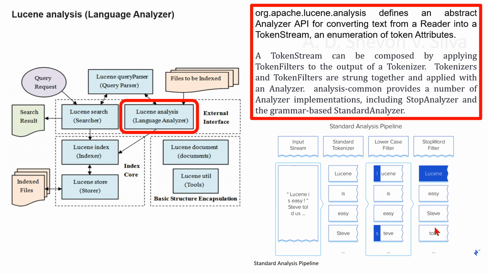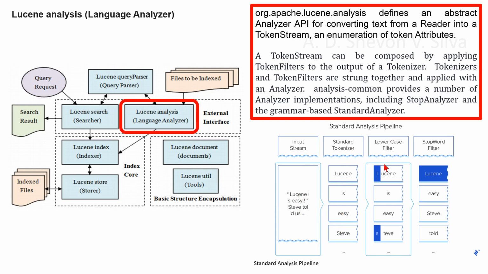Here you can see the input stream, standard tokenizer, lowercase filter, and stop word filter. Here: "Lucene is easy, Steve told us." Here the standard tokenizer gives Lucene, is, easy, Steve.